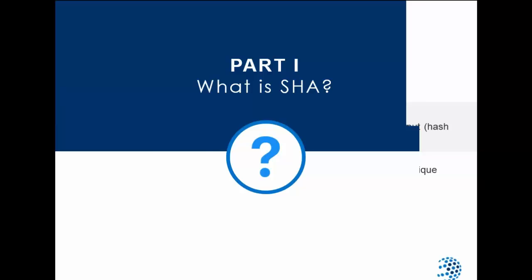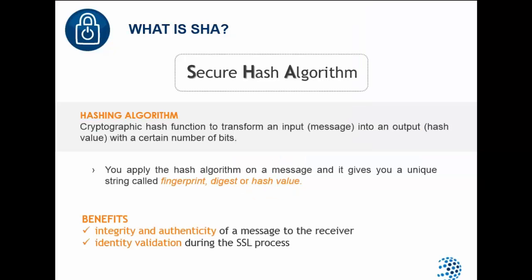What is SHA? SHA stands for Secure Hash Algorithm. Its function is to transform an input, which is a message, into an output called a hash value with a certain number of bits. You can apply that hash algorithm on a message and it gives you a unique string.